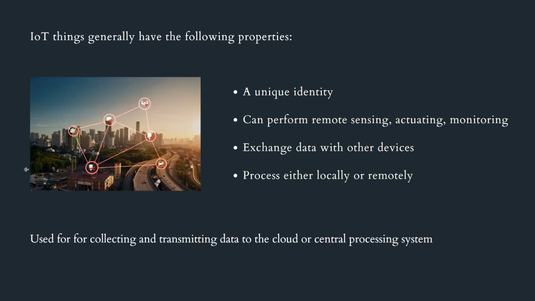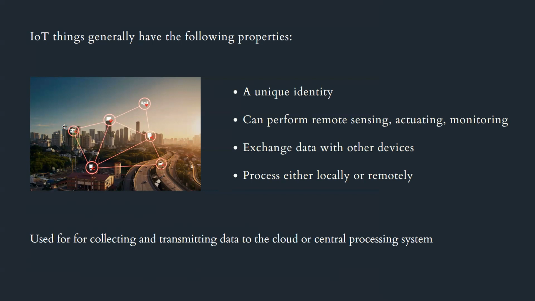IoT networks have unique features. In general, they have unique device identification methods, so that each device connected in the IoT network has its own unique IP address.